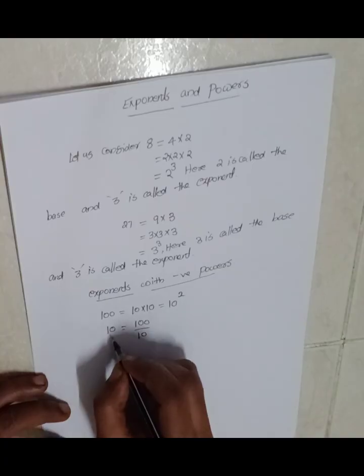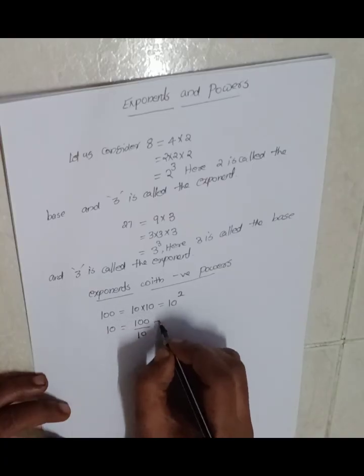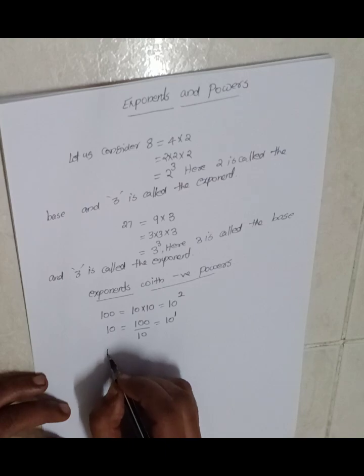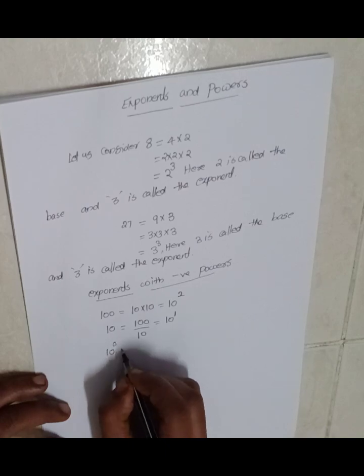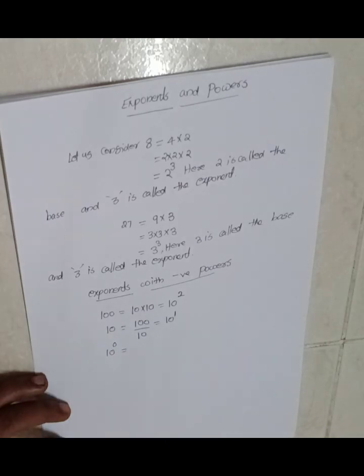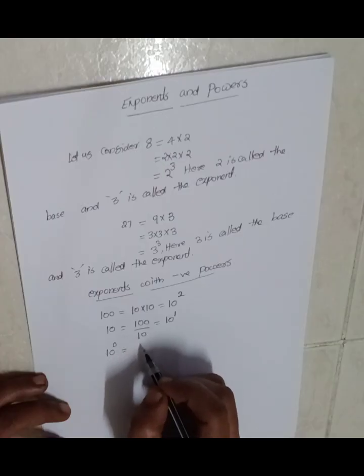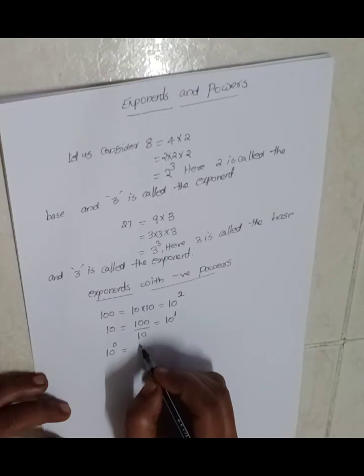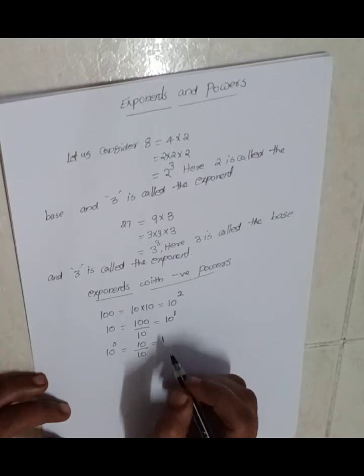That is, 10 means 10 raised to 1. Next, considering 10 raised to 0, it can be written using the previous number, 10 raised to 1 equal to 10. Therefore 10 raised to 0 is 10 by 10. The value will be 1.